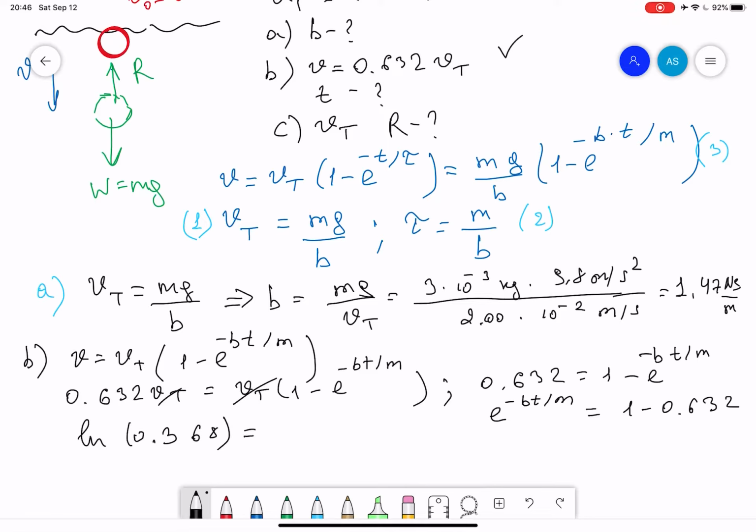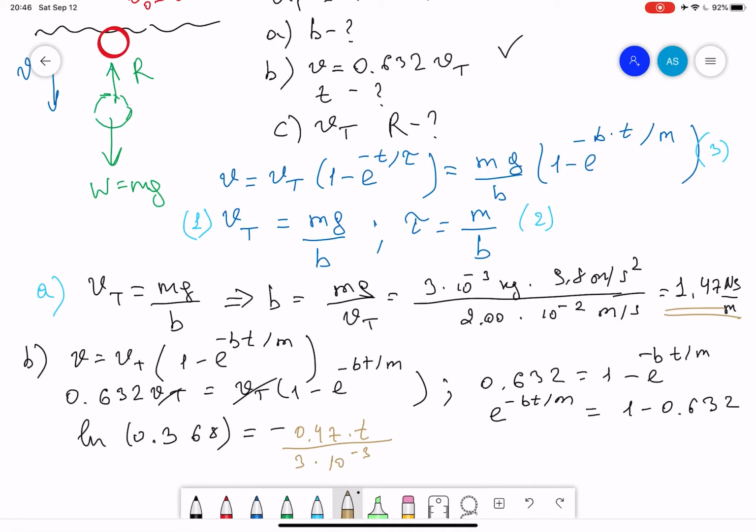Taking the logarithm, this is equal to minus b t over m. The b we already found, so minus 1.47 multiplied by the time and divided by the mass, which is 3 times 10 to the power of minus 3 kilograms.